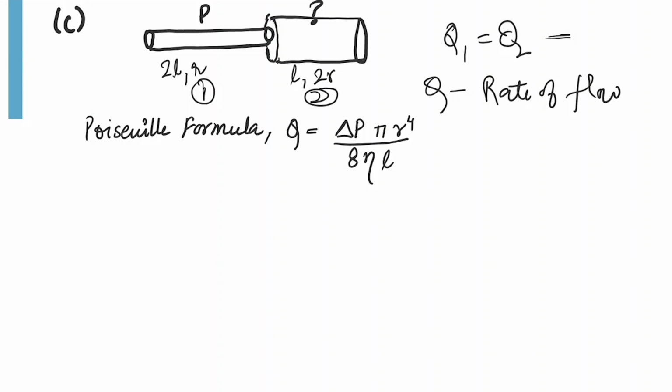Let's find the rate of flow through the first tube, which is given as delta P1 pi R1 to the power 4 over 8 eta L1.